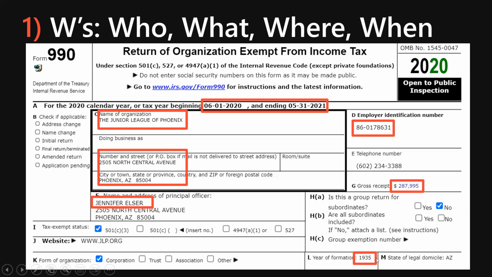Down here in box L, year of formation, 1935. It gives you a quick snapshot into how long this organization may have been operating. I think for JLP, I'd be interested in learning the difference between the foundation and Inc. year. I don't know if anyone has that handy. I think someone was reviewing it.